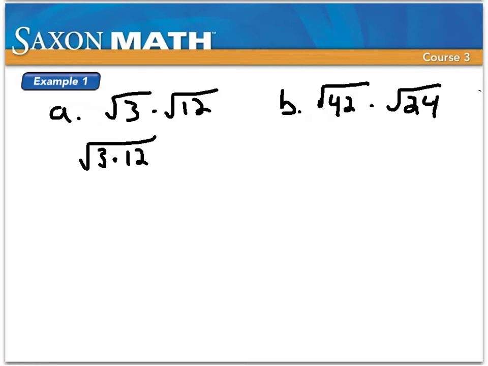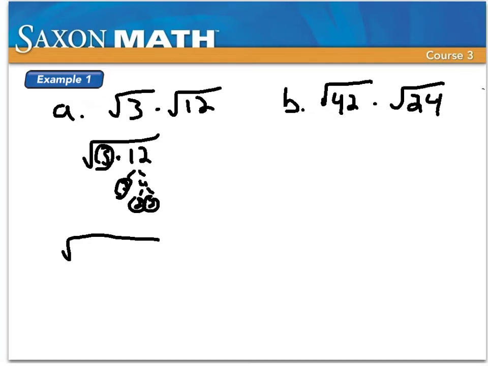So let's say we broke apart 12 into 3 times 4, with 3 as a prime number, and then 4 is 2 times 2. And now that we got this all broken down, we can write all these factors under one big square root, least to greatest. This is 2 times 2 times 3 times 3.